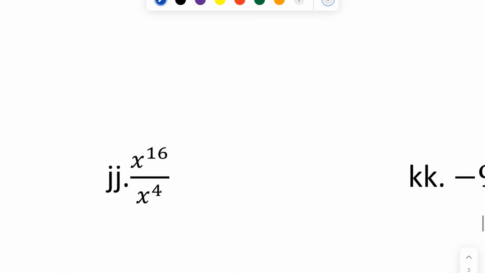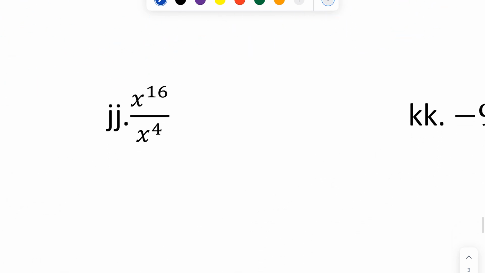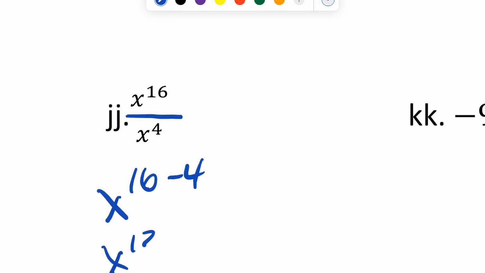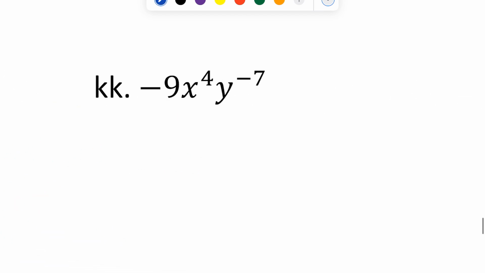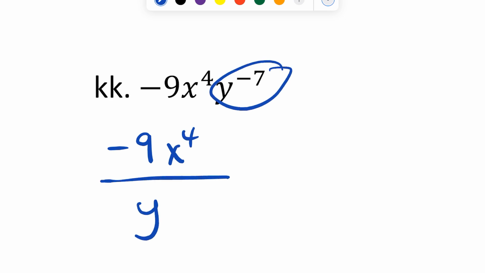Okay. This one, my bases are the same. It's division right here. So I subtract my exponents. Okay, the negative 9 has nothing to combine with. x to the 4th can't do anything, but this says take me to the denominator and make my exponent positive.